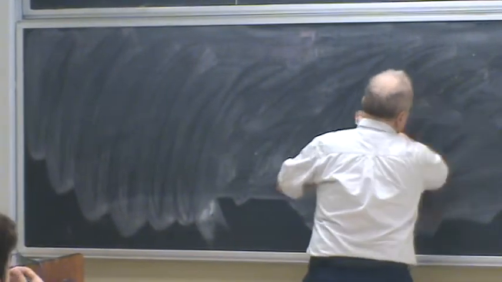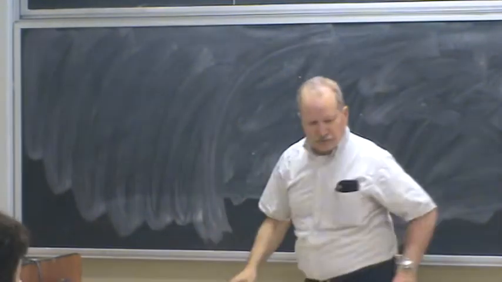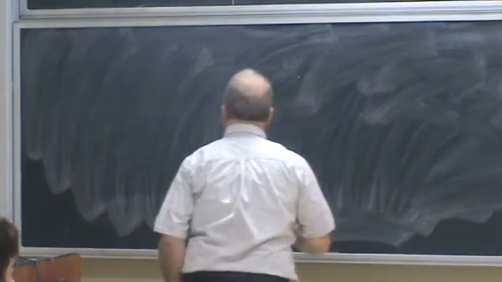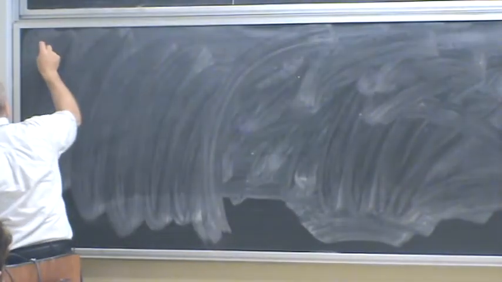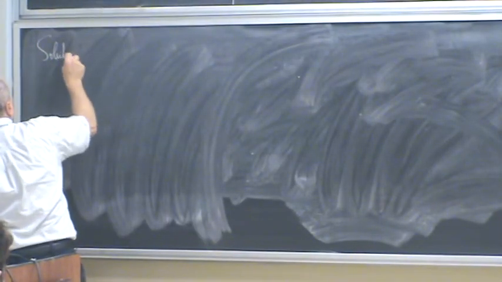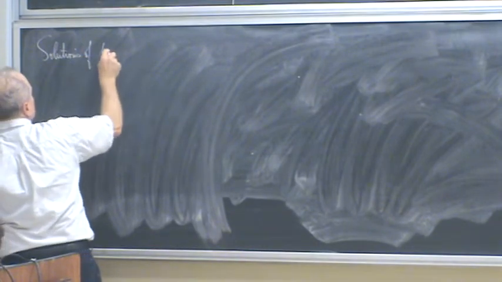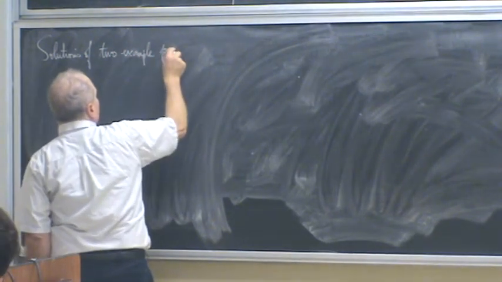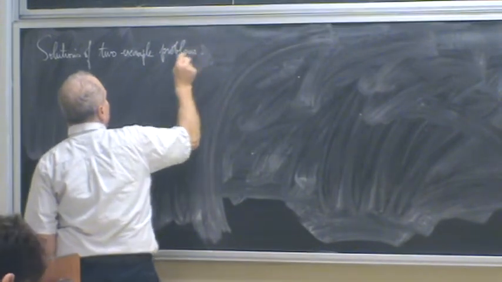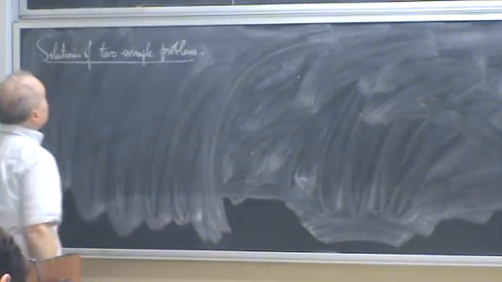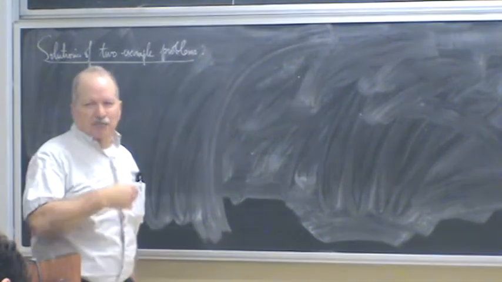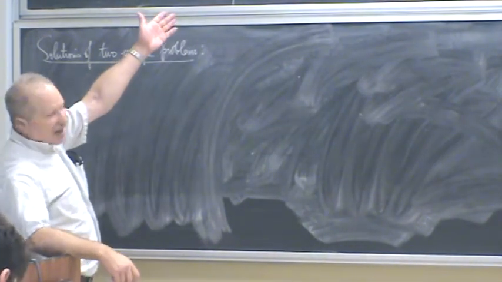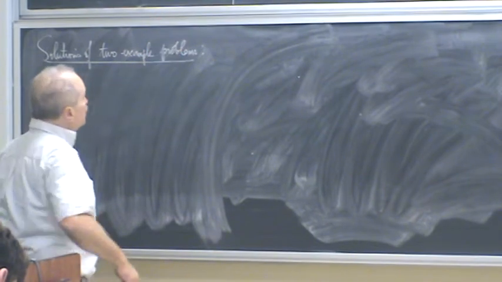So let's solve the two example problems. All right, so what do I do? Well, this is automatic pilot. You just compute what that system of equations is and you solve it.